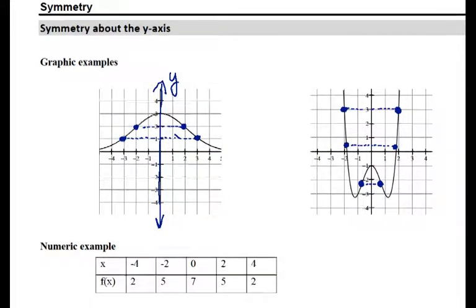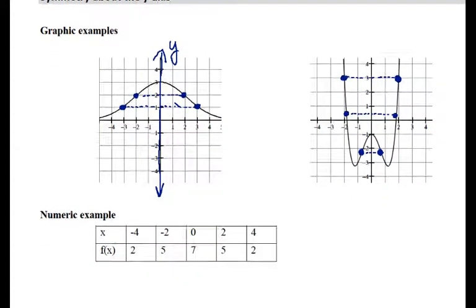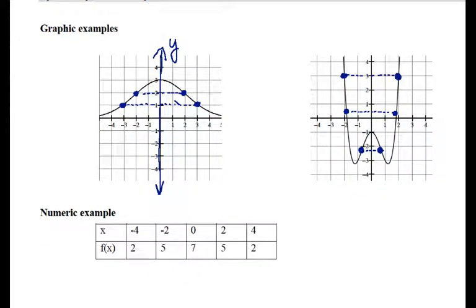We can observe symmetry about the y-axis in numeric data as well, remembering that the y-axis occurs at x equals 0. So in this example here, we see the y-axis at this point (0, 7). Now the 7 isn't important. It doesn't matter what the value of the y-intercept is.